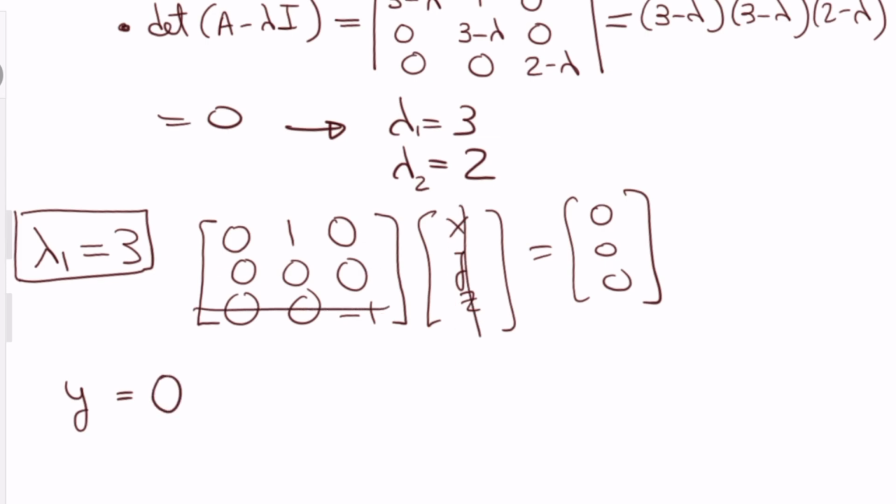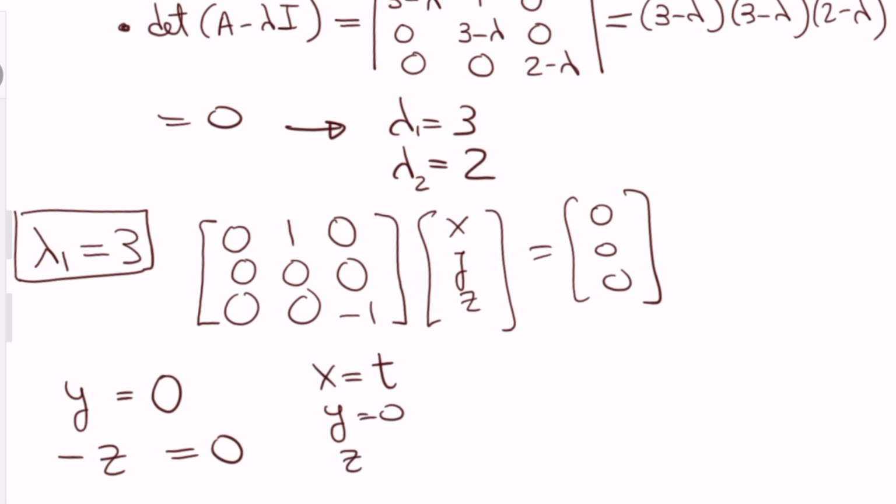And from the third one, we obtain minus z equals 0. So from these, we get that y and z are 0 and x is anything, right? So let's put the parameter x equals t, y equals 0, z equals 0. These are going to be the components of our vector. So our vector is (t, 0, 0).